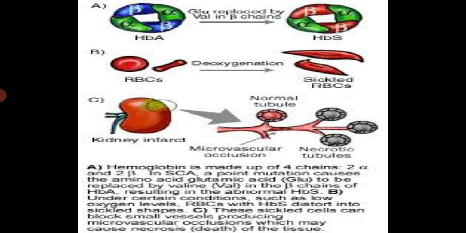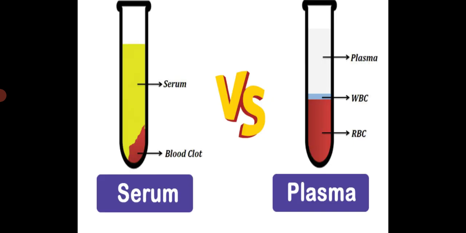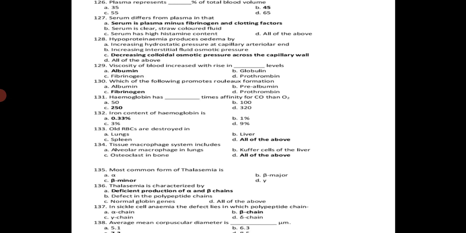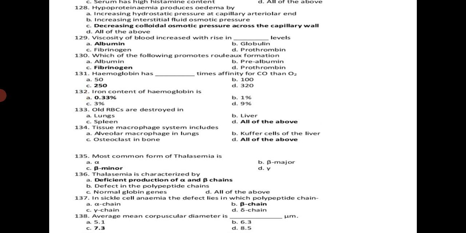Here we can see microvascular occlusions which stop blood flowing to the further points, and so there is a necrosis of tubules and it causes death of that tissue. This is about sickle cell anemia. The sickle cell anemia is because of a mutation in the beta chain. So option B is the answer of question number 137.